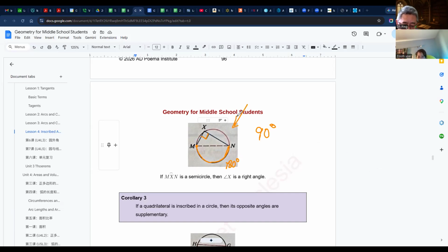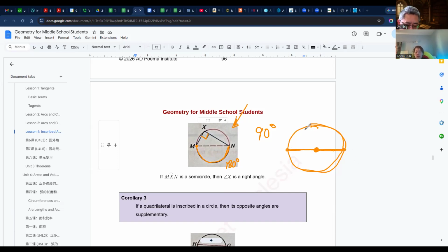Now, this one has a practical application: how do you draw a right angle? Well, if you have a compass, you can always draw a circle, and you can find the diameter because you know there's a center. You have to get the center before you can draw the circle. Once you have a center, just draw a line passing through the center.